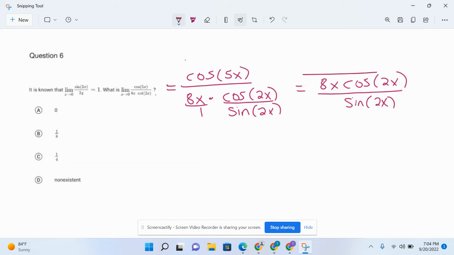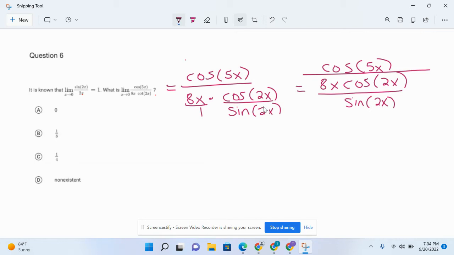And I'll be honest, sometimes with these you just play around with simplifying, and it will just come out that you get the sine of 2x over 2x. So we just turn that into one big fraction on the bottom.